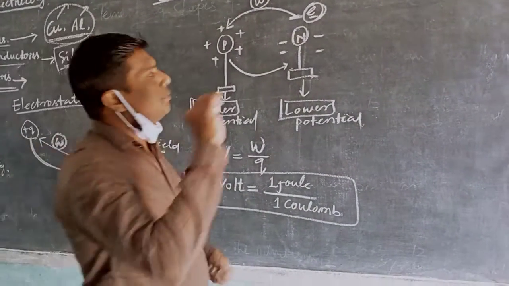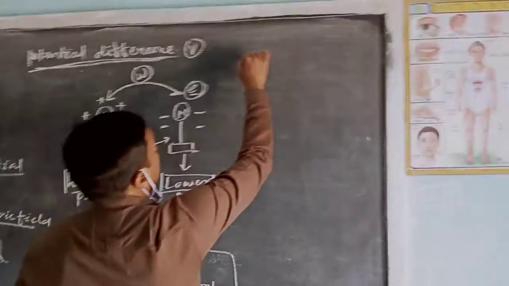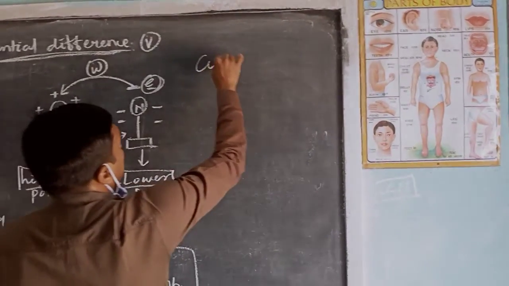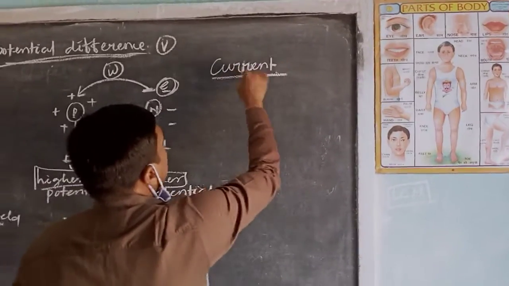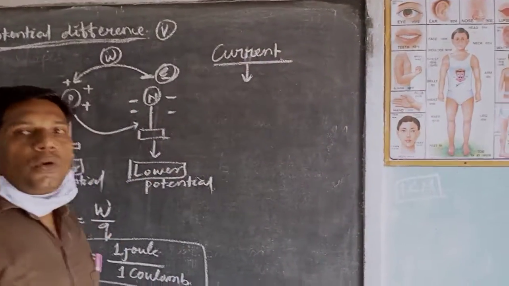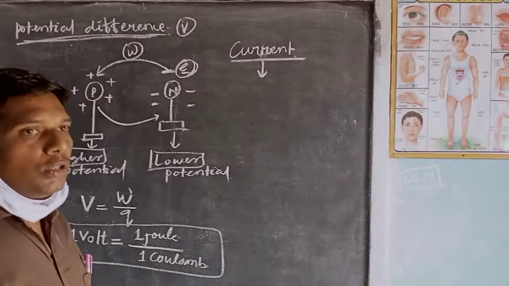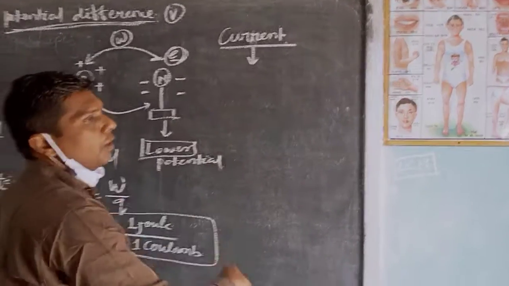And the last one is electric current, or current. What is current? It is the rate of flow of charge, or rate of flow of electrons.